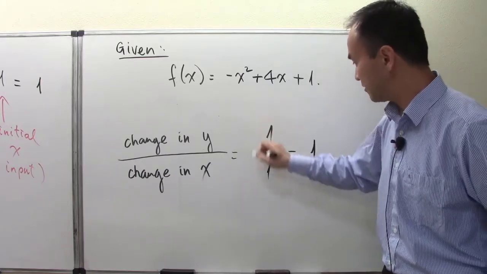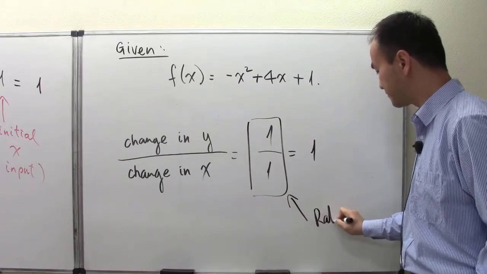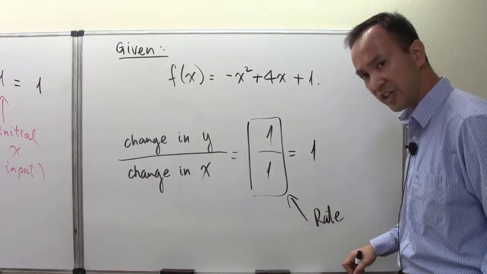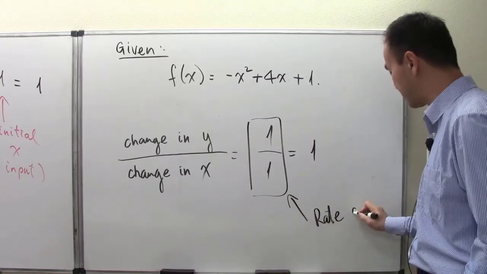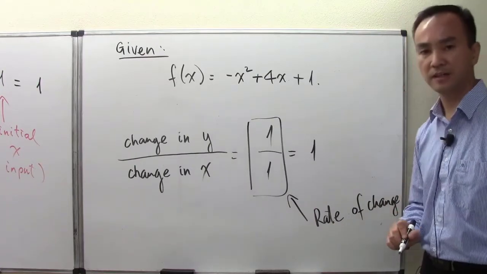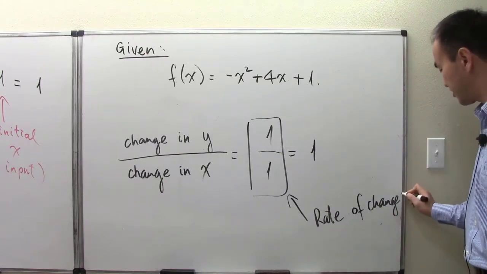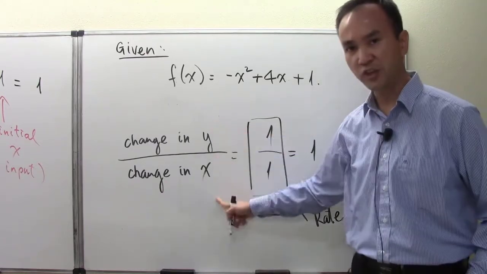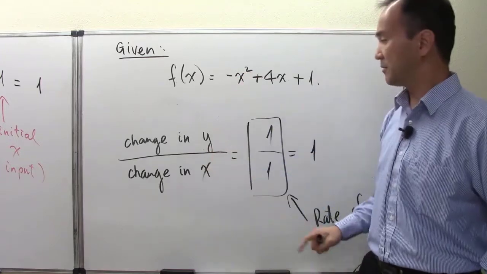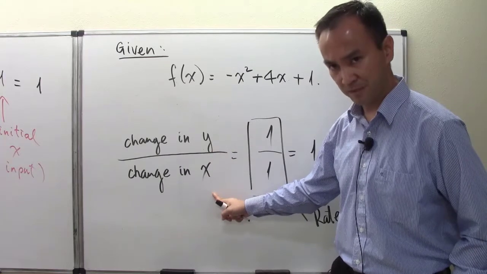But now, ladies and gentlemen, this is called the rate, because it's a ratio, it's a fraction, a rate of change. To be precise, it should be the rate of changes, because there are always 2 changes. So the change in the outputs over the change in the inputs.